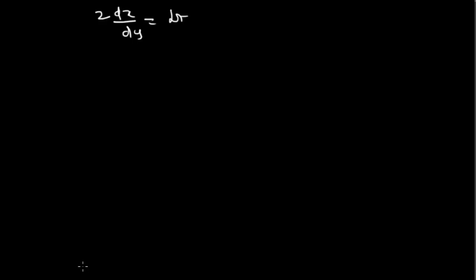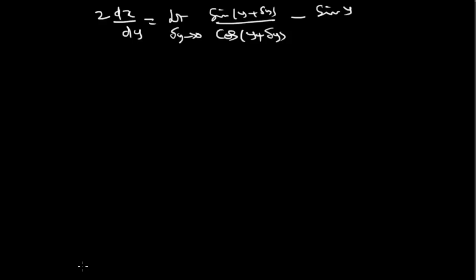Left hand side becomes 2 into dx by dy. Right hand side, tan of y plus delta y you write as sin of y plus delta y by cos of y plus delta y, minus tan y written as sin y by cos y.